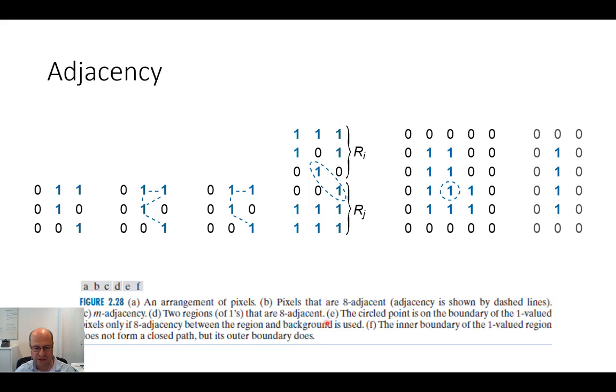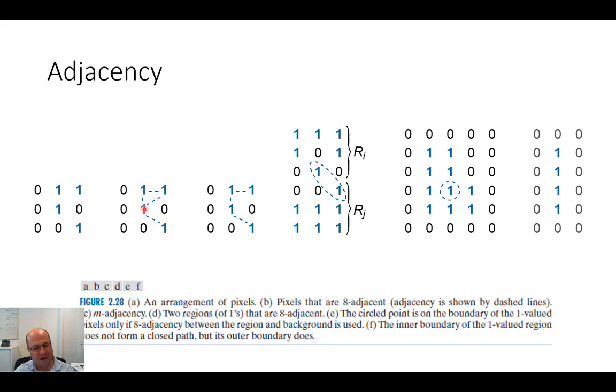That's 8 adjacency. You see that you created a loop here. Maybe in some applications you don't want to have loops in adjacencies, because otherwise you may end up doing the same calculations with the same pixel over and over again.